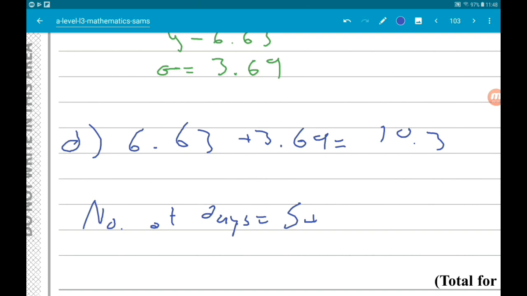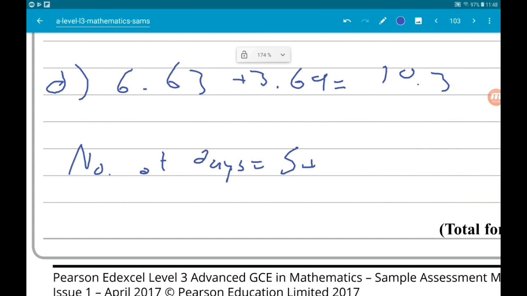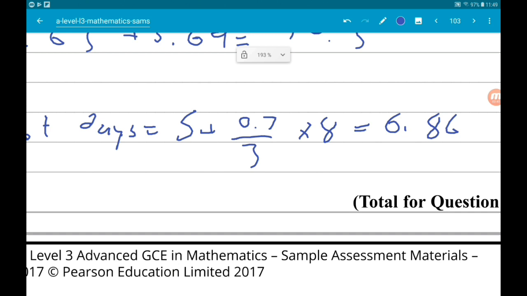So that's 0.7 over 3 times 8. Now that is going to give us 6.86. So we would round that up to 7.